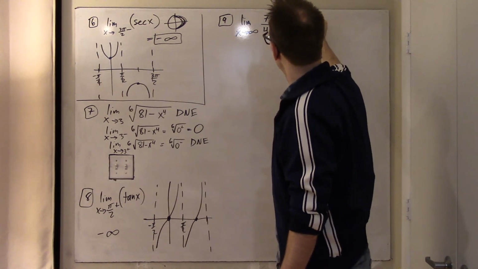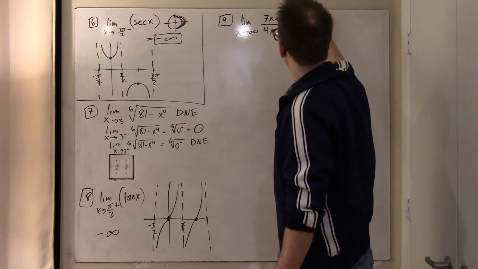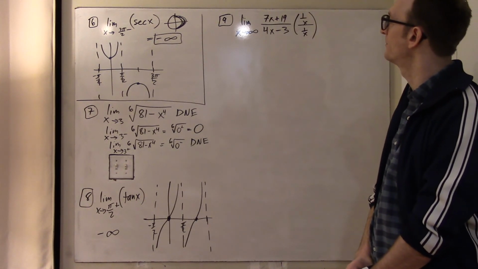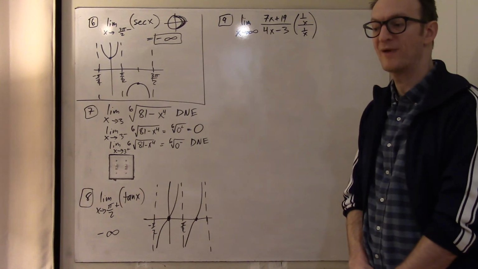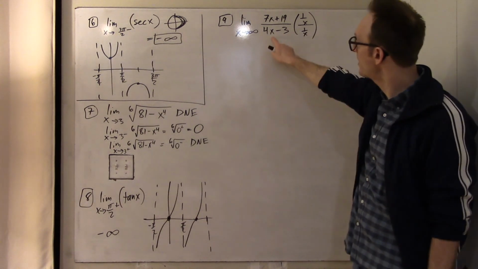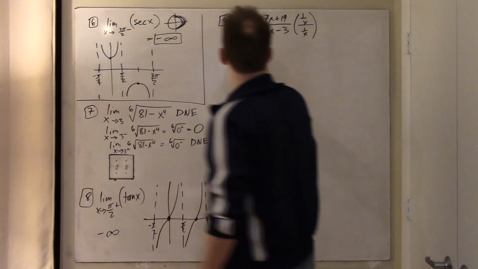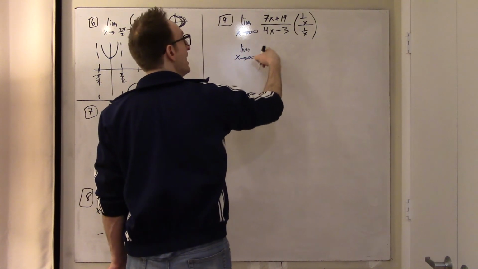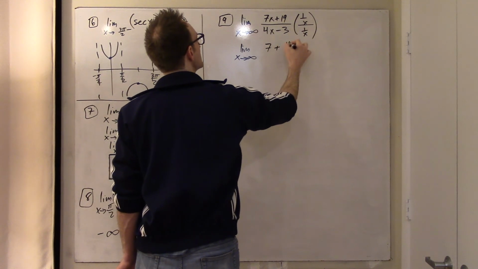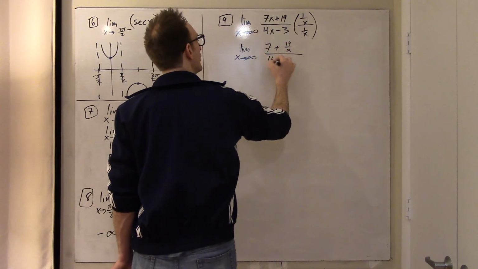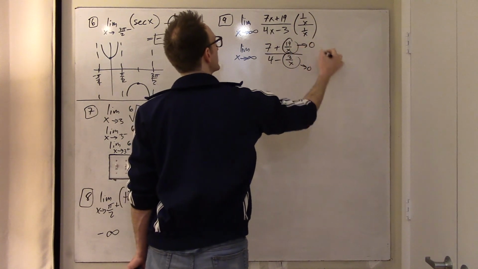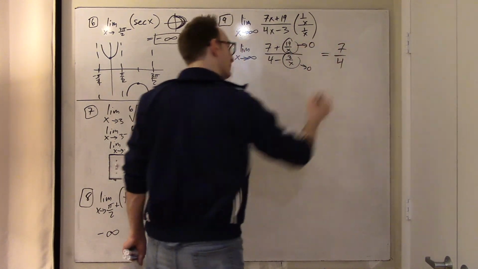But there is a method to demonstrating this, and that is to divide the top and bottom by the highest power of x in the denominator. The highest power of x in the denominator here is x, and so I can rewrite this as the limit as x approaches infinity of 7 plus 19 over x over 4 minus 3 over x, and these are all going to 0, and so the answer is 7/4.